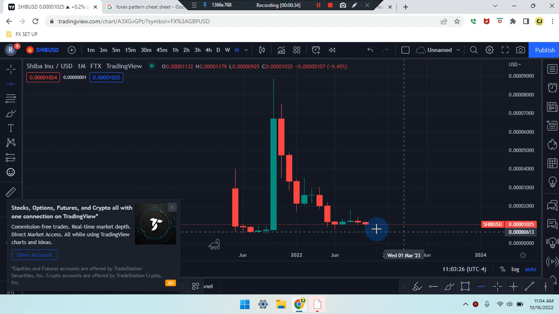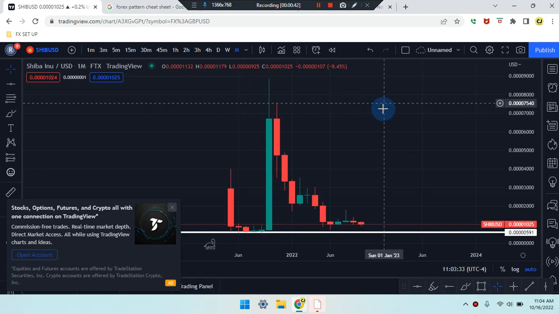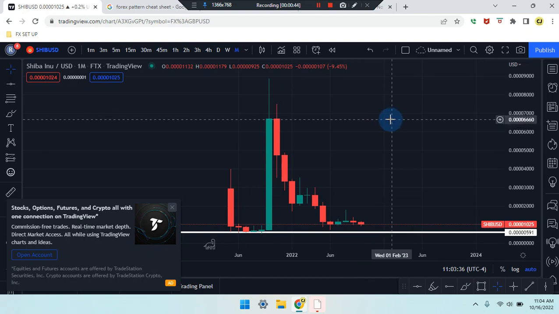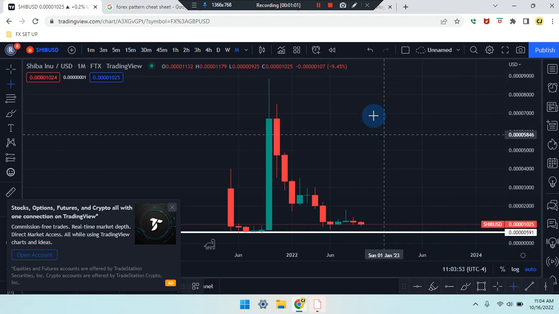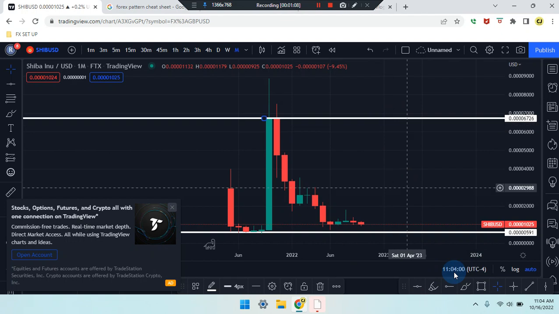So we do have price action overall, lower lows, price action overall, higher highs, midpoint.